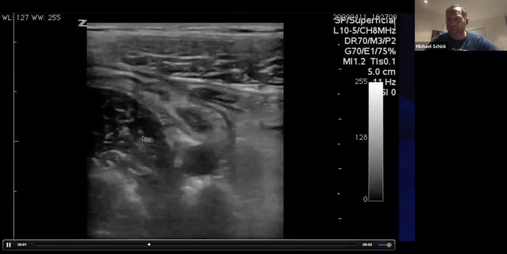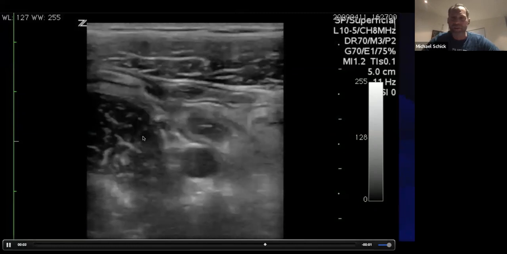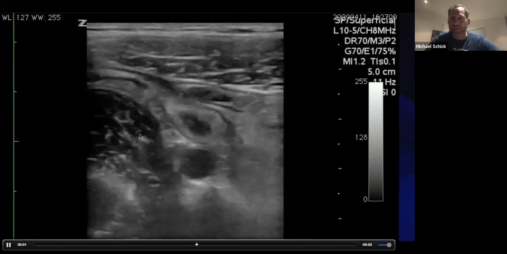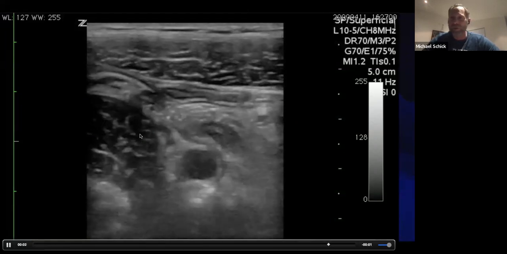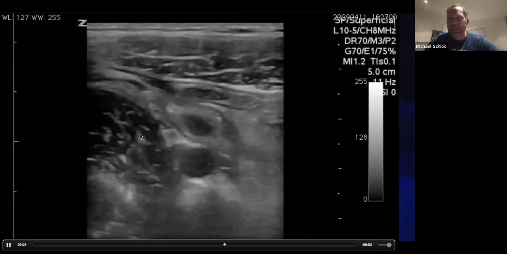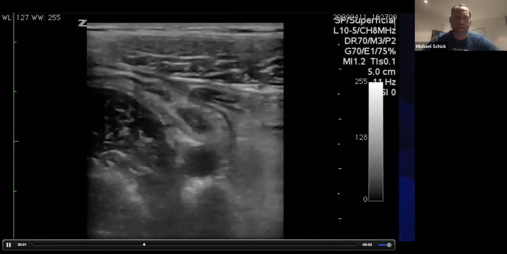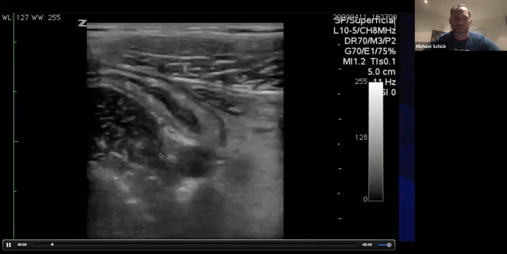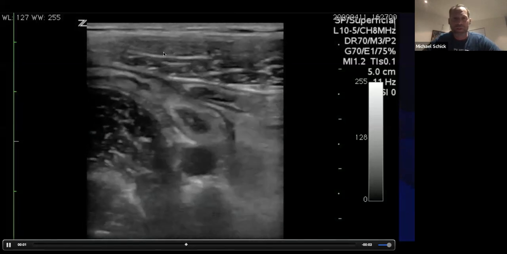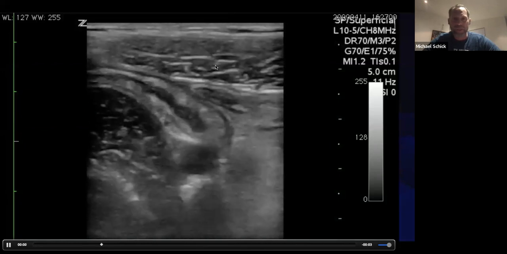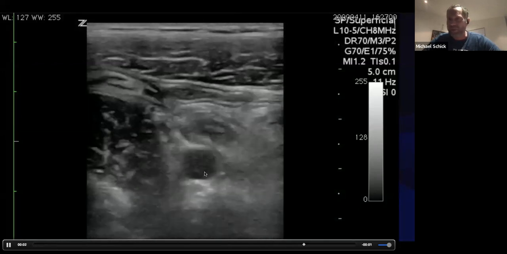And these are just my tips to find the appendix, because this can be quite challenging, especially if the appendix is normal or if it's retrocecal, which the majority can be retrocecal. You first try to just go where the patient has pain. If they can't tell you exactly where that's at, then you go to the right lower quadrant. You're looking for the psoas muscle, that rectus abdominis muscle, and the iliac vessels.